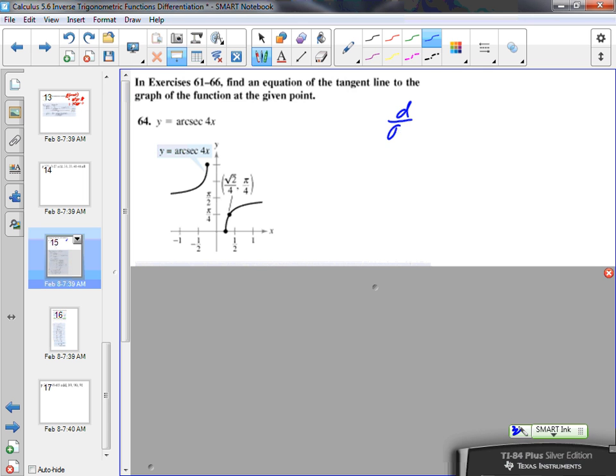Let's see, I'm going to look this up on page 376. The derivative of the arc secant of u equals 1 over the absolute value of u times the square root of u squared minus 1, times the derivative of u.